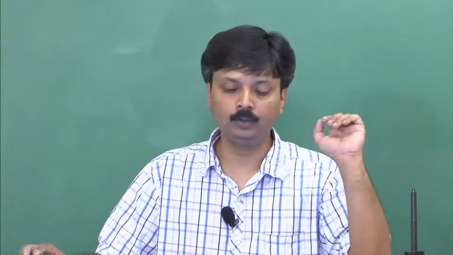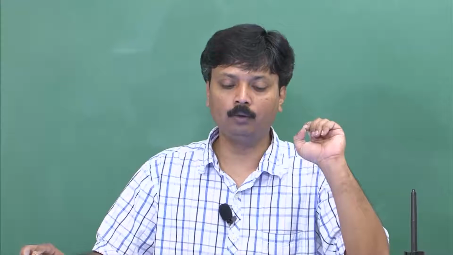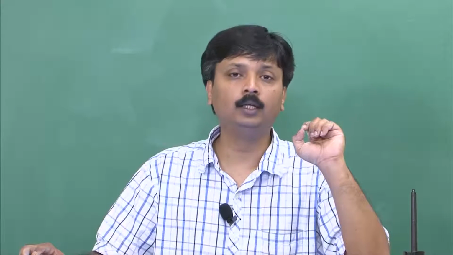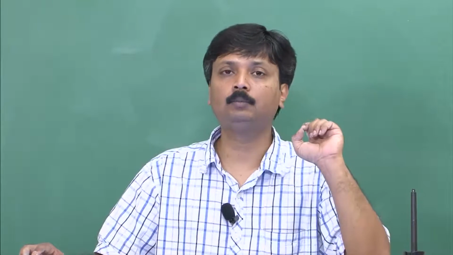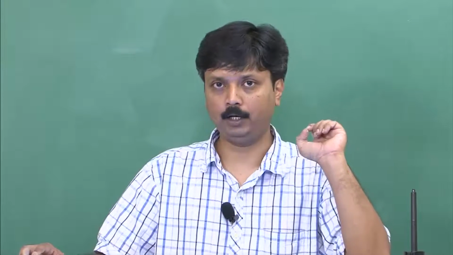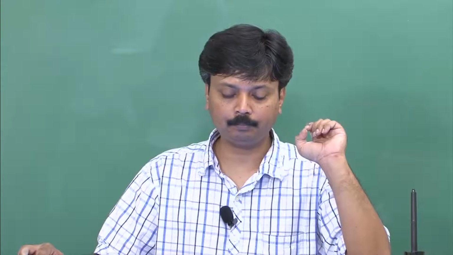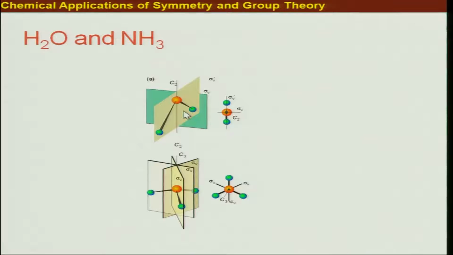The answer is no. So, according to our methodology, the molecule must belong to the C type of point group. Clear? All right. Next question is, does this molecule have sigma H? The answer is no. Sigma H means it should be perpendicular to the principal axis of symmetry. So, I do not have any plane which is perpendicular to C2, and this does not belong to C2H.